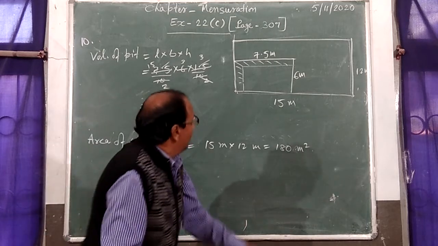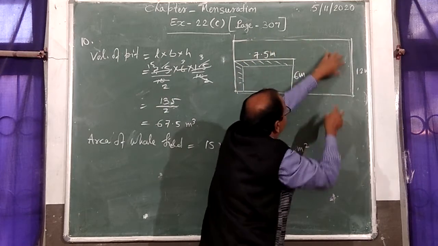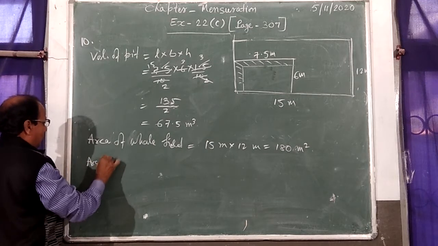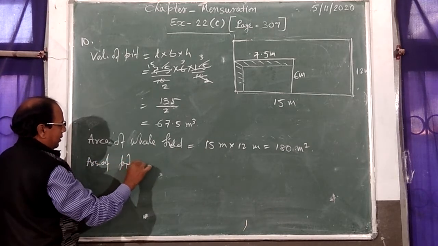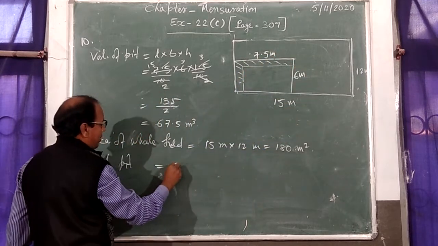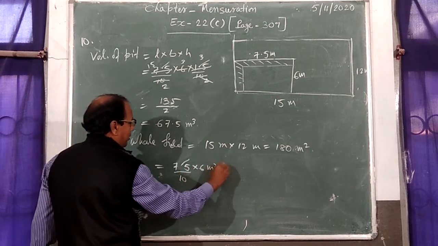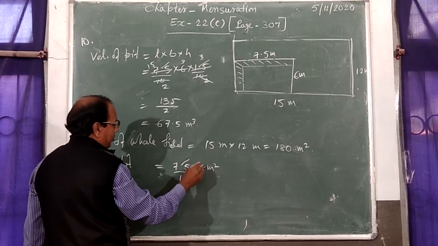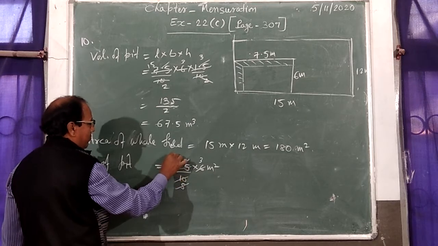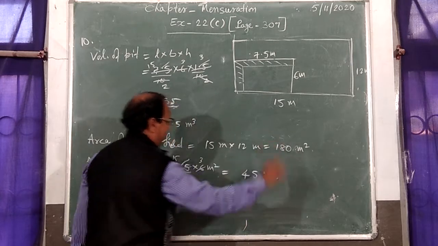Now, since we will be keeping this soil here only, all around here, we have to remove this area. So, area of pit equals 7.5 into 6 meter. Remove decimal point. So meter square will come. So 2 3s are 6, 2 5s are 10, 5 15s, so 15 into 3, 45 meter square.